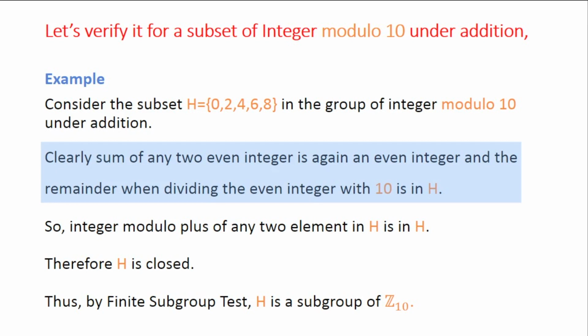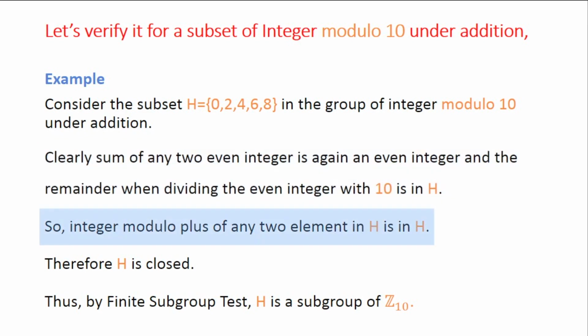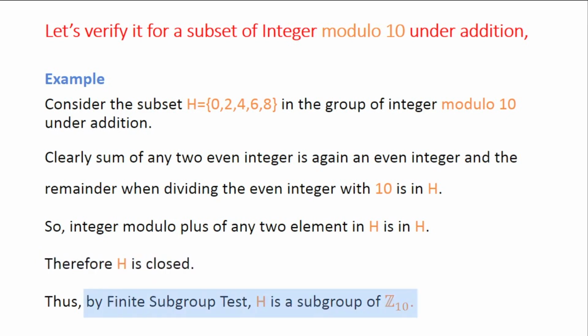Clearly, the sum of any two even integers is again an even integer, and the remainder when dividing the even integer by 10 is in H. So, the sum modulo 10 of any two elements in H is in H. Therefore, H is closed. Thus, by the finite subgroup test, H is a subgroup of Z sub 10.